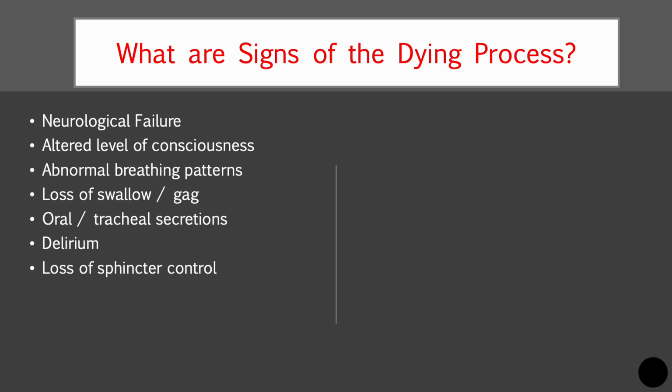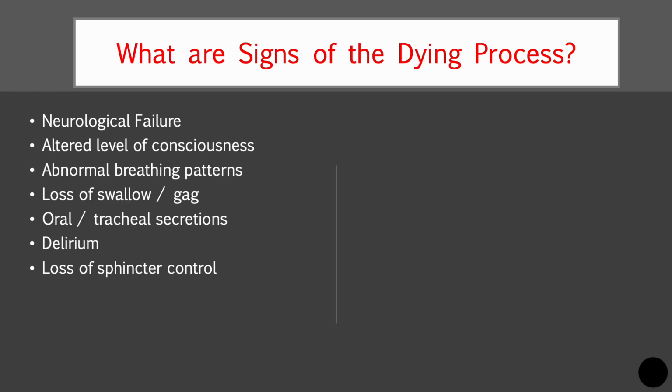Or maybe you have heard about Cheyne-Stokes, where the breathing goes up and down. The next one is loss of the ability to swallow. There are secretions in the oral cavity or trachea. Maybe sometimes patients come to a delirium state.